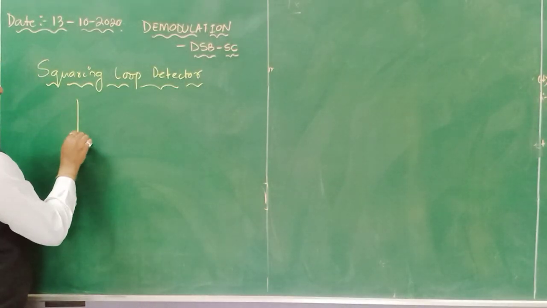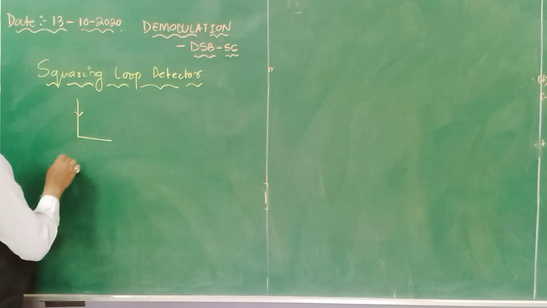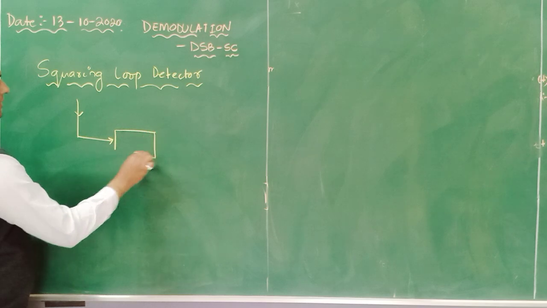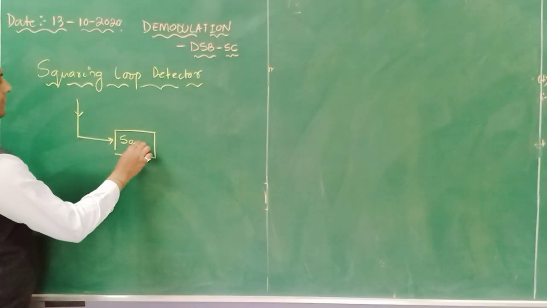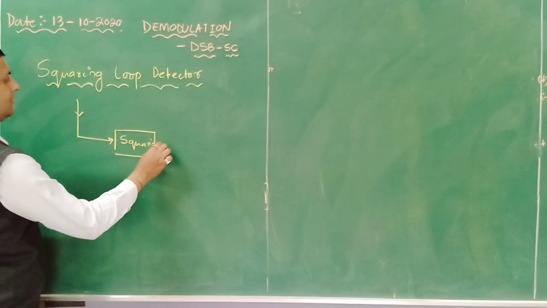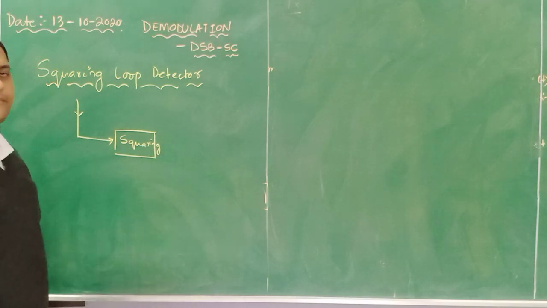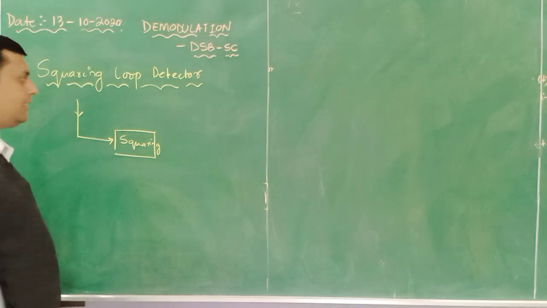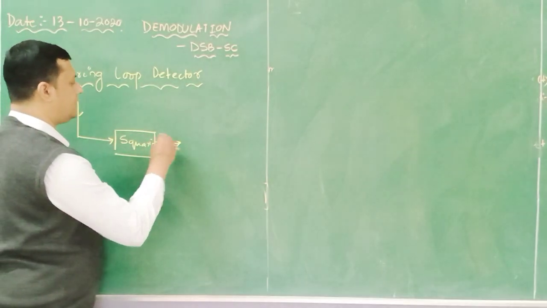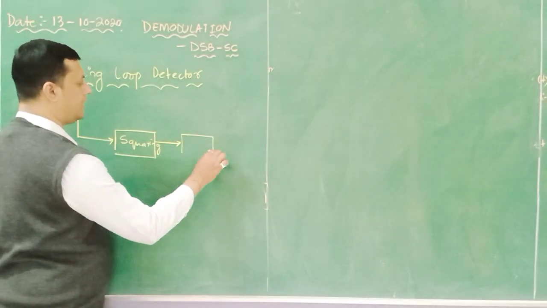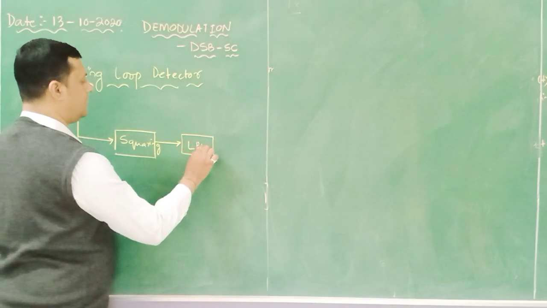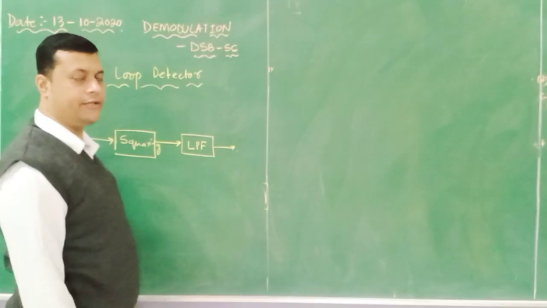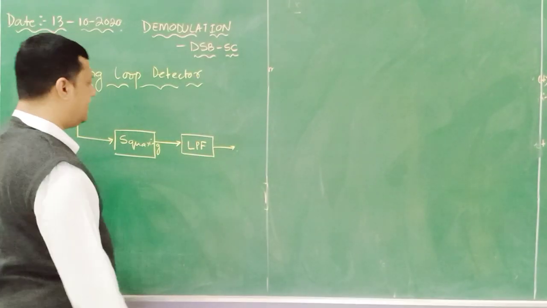The basic block diagram is that the received signal is fed to the squaring unit directly. No requirement of any carrier frequency. That is the advantage of the squaring loop. Okay. Then after the squaring unit, it will pass through the low pass filter, and we should get some output, which should be the modulating signal.